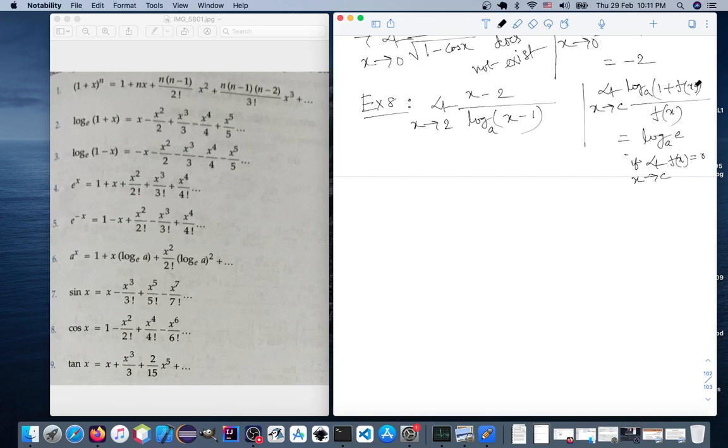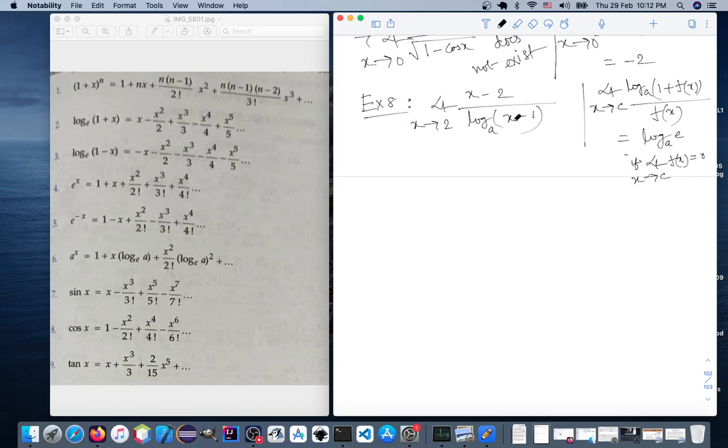So this whole thing becomes 1. Over here also, x minus 1 is tending to 1 because x is tending to 2.